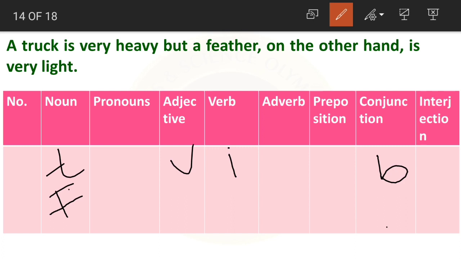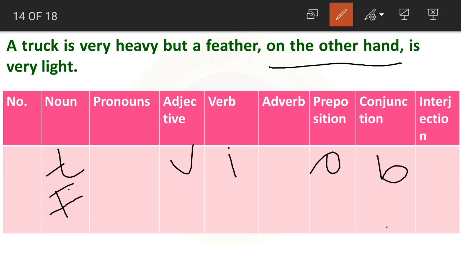On becomes preposition. Other hand. Actually, in this sentence, "on the other hand" gives us a different meaning, in the sense opposite. We are talking about a truck here. What we are telling is a truck is very heavy, but a feather is very light. In the sense it's an opposite. For heavy, the opposite word is light.